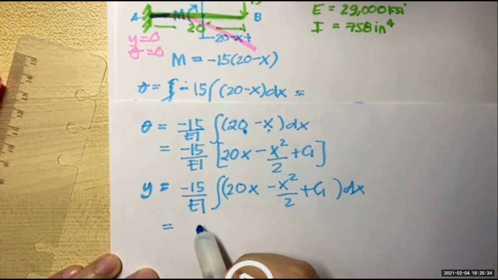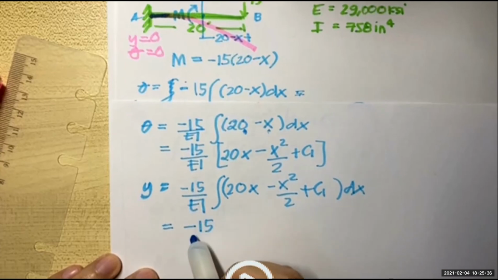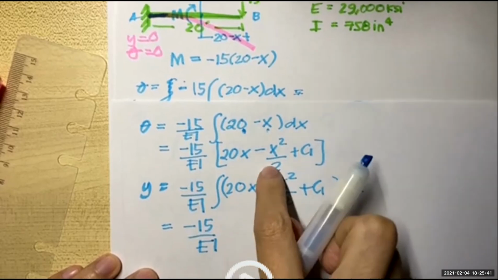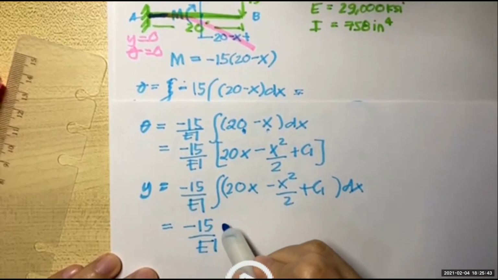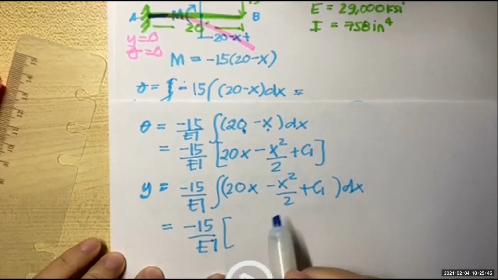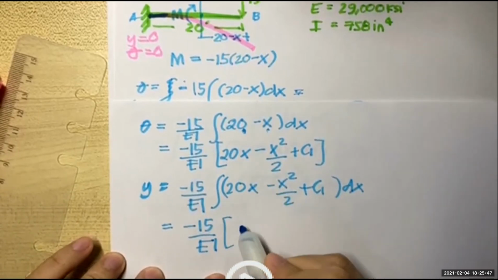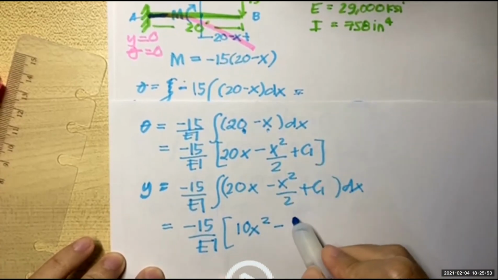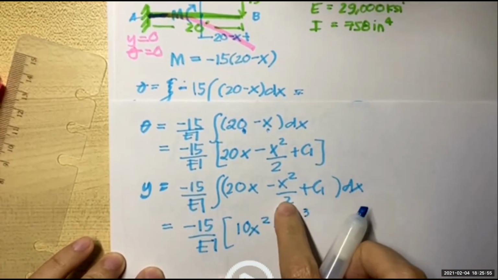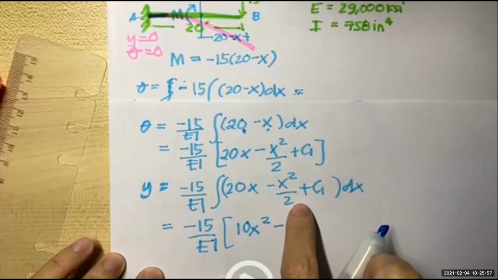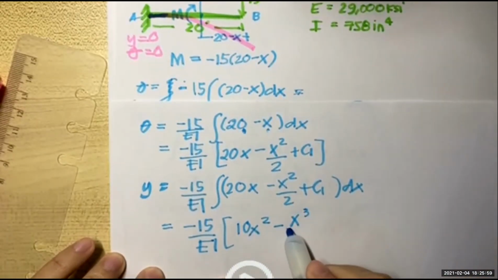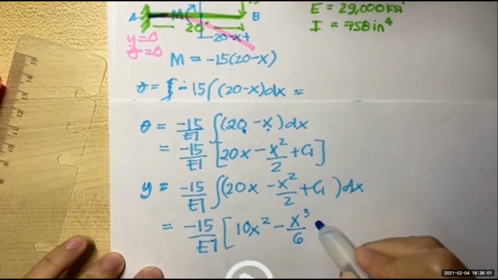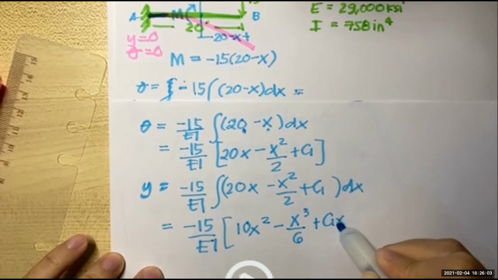Integrating, 20x squared over 2 is 10x squared, minus x cubed over 2 times 3, which is 6, plus C1x plus C2.